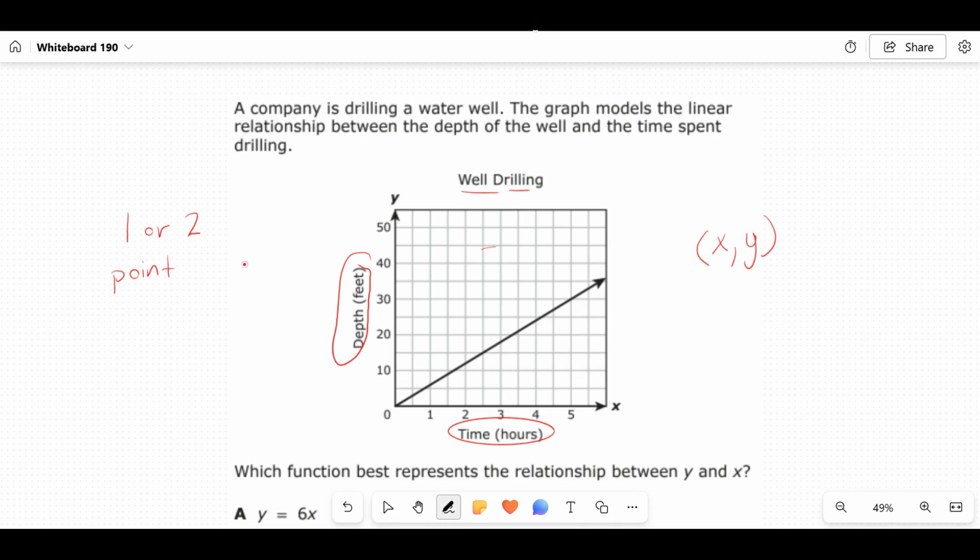And we're going to use it to plug and chug into these equations down here. So we need 1 or 2 points, and then we're going to plug them into our equations down here and figure out which one gives us exactly what we are looking for.